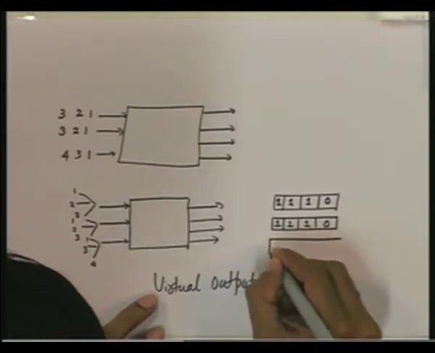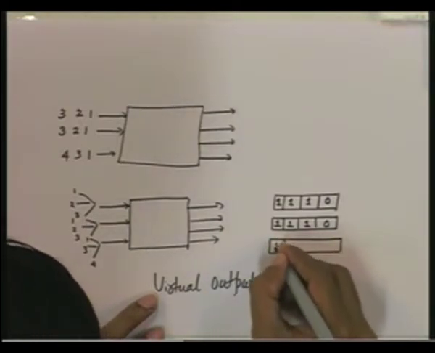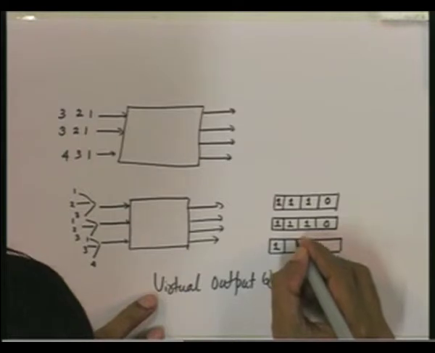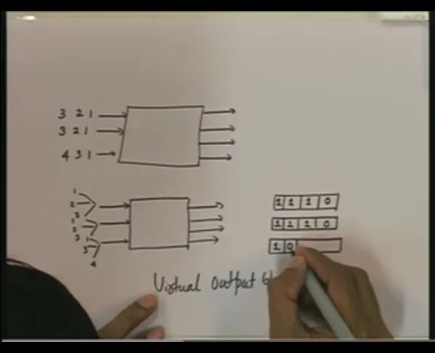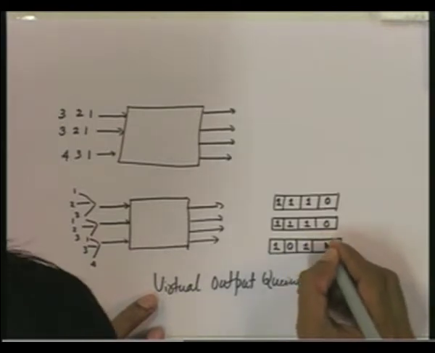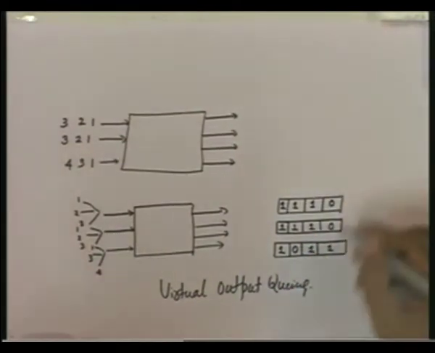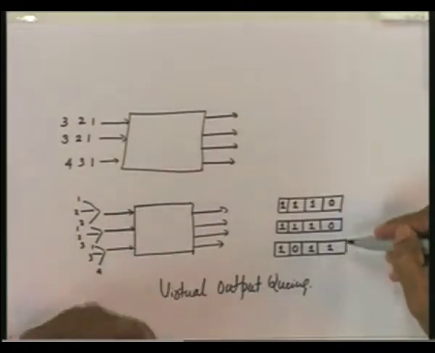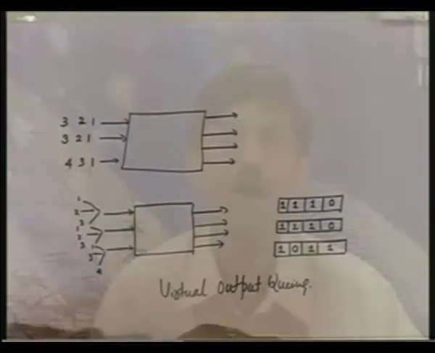And the bitmap for port 3 will be 1, then 0 because there is no packet meant for output port 2, then 1 and 1. So, to communicate the scheduling needs of any input port, you require only about n bits, where n corresponds to the number of output ports.